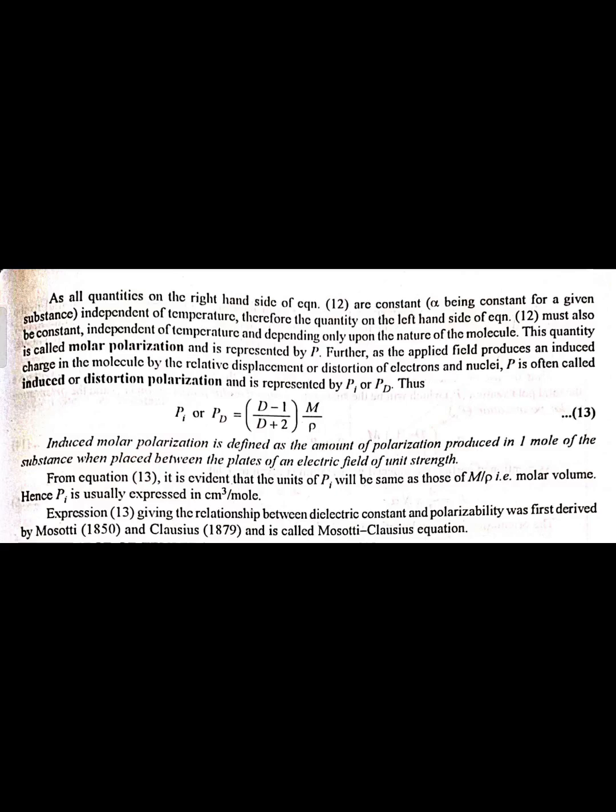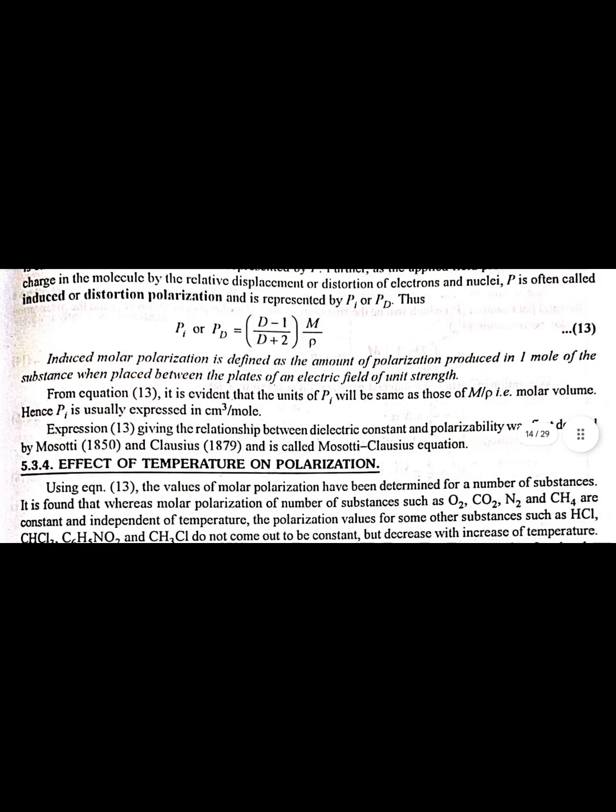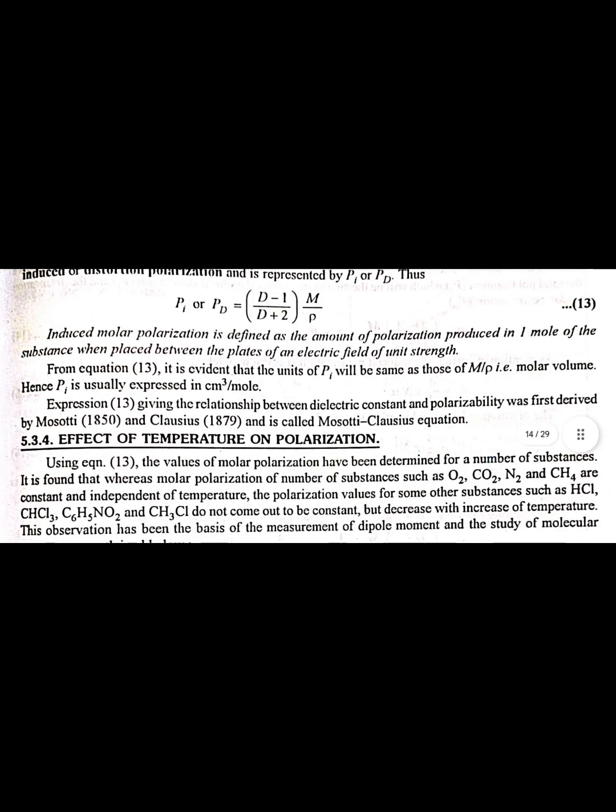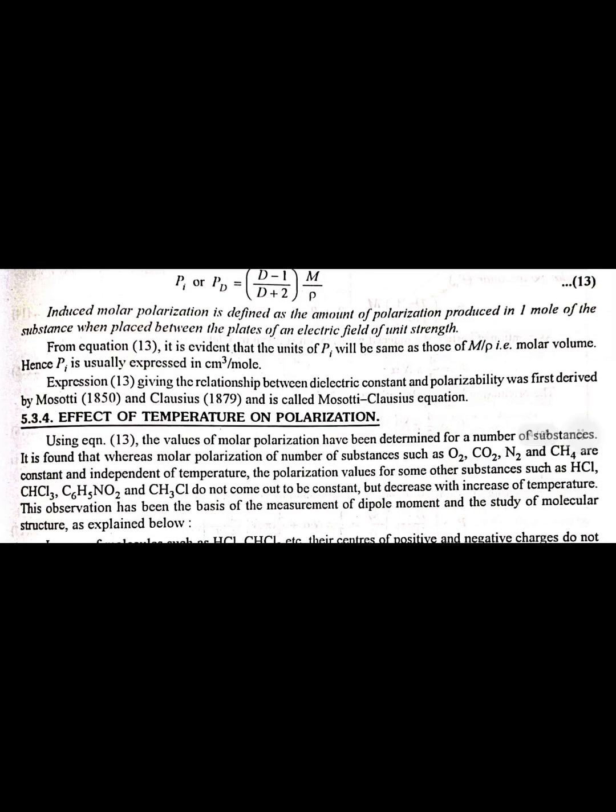This quantity is called molar polarization and is represented by P. Further, as the applied field produces an induced charge in the molecule by the relative displacement or distortion of electrons and nuclei, P is often called induced or distortion polarization and is represented by Pi or Pd. Thus, Pi or Pd = (D − 1)/(D + 2) · M/ρ.